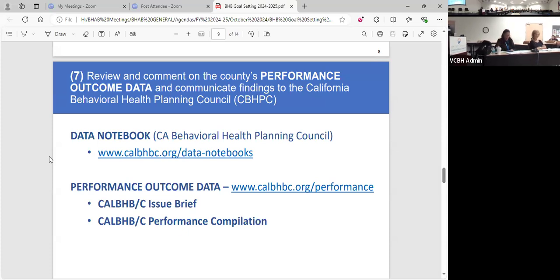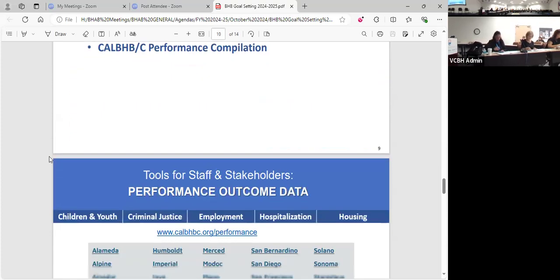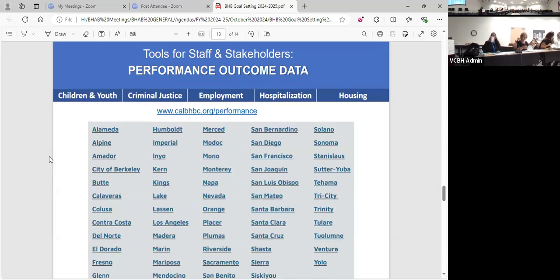All right, next slide. This slide, we have just a listing of the performance outcome data that's most commonly reported in the counties, and then we put it on our website. Every county has a web page on our site, and we've identified what we could find in the most recent reports.